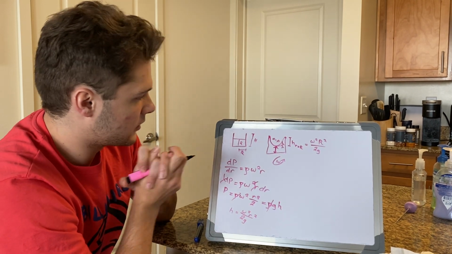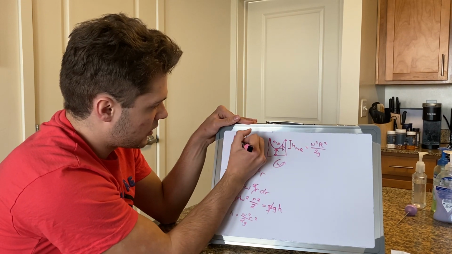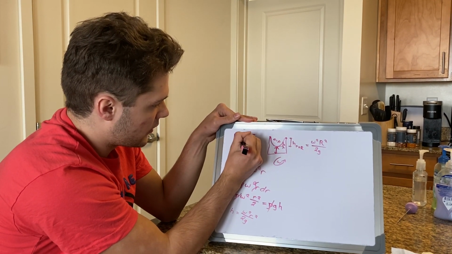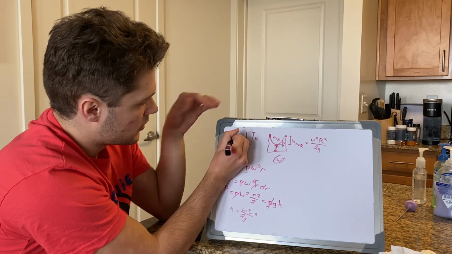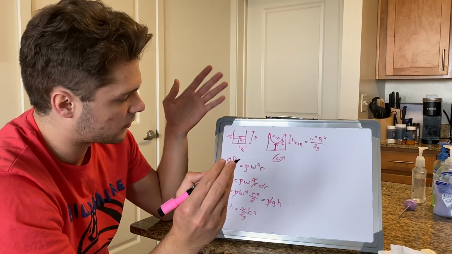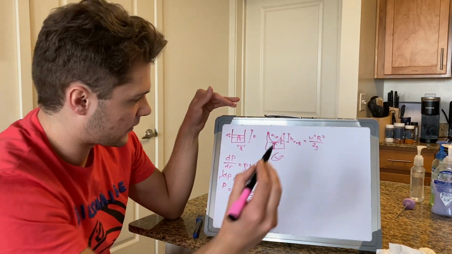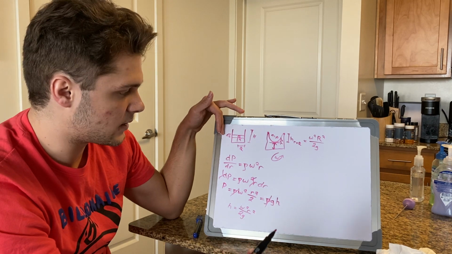To find that, we need to look at the change in height of our original size, our height of our water down to the height of the bottom of that lip, and that's going to be represented by d.